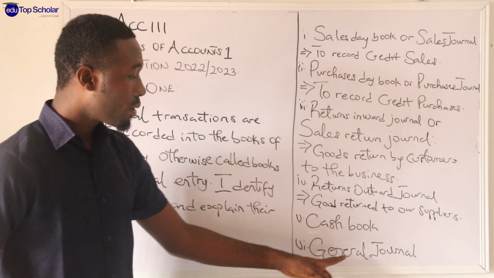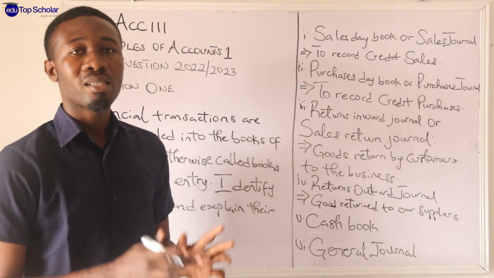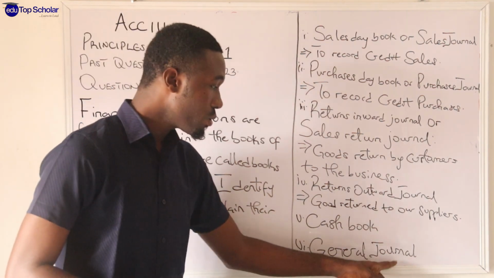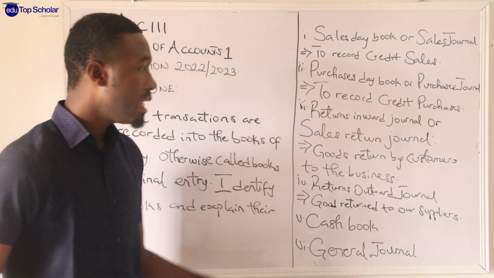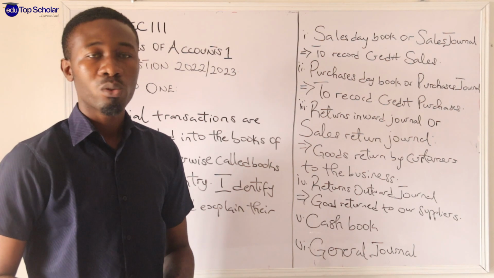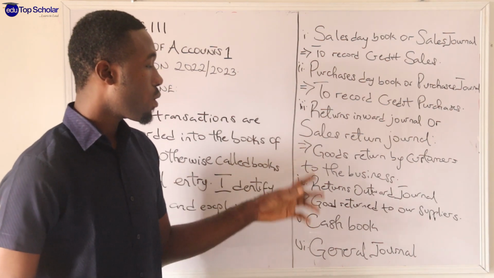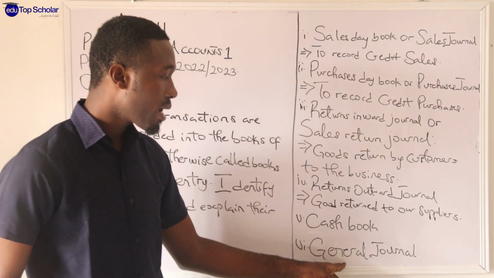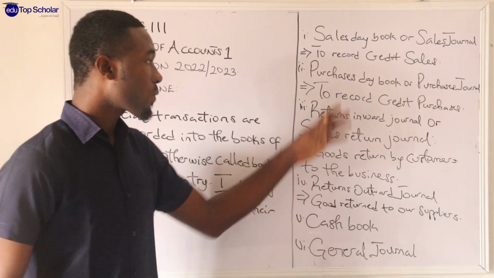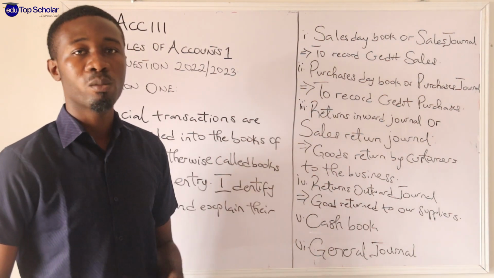So general journal or the journal proper is used for correction of errors in any of these books. So when any error occurs in our books, the general journal serves the purpose of correction of errors in any of these books.